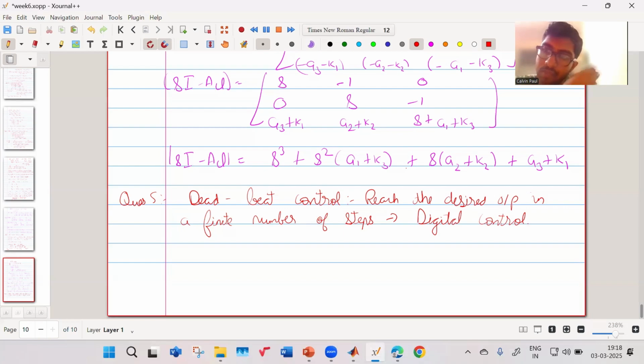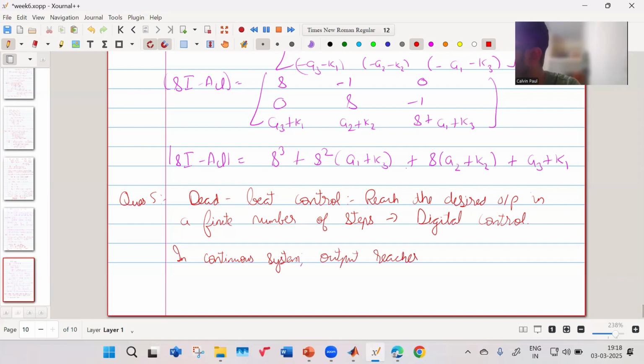But if you understand, in continuous systems, theoretically the output reaches the desired value only as t tends to infinity.